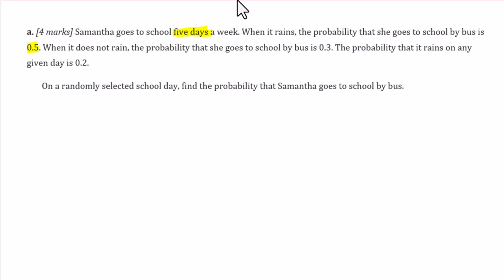When it doesn't rain, the probability that she goes to school by bus is 0.3. The probability that it rains on any given day is 0.2. On a randomly selected school day, find the probability that Samantha goes to school by bus.